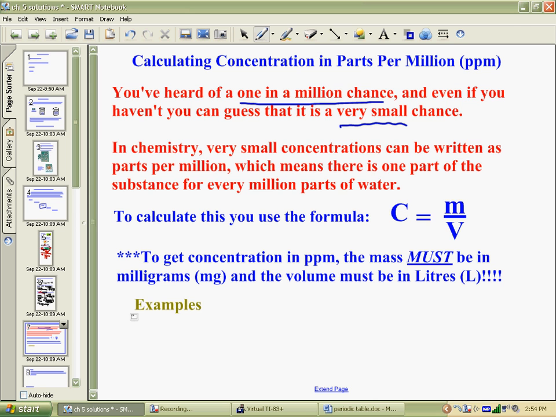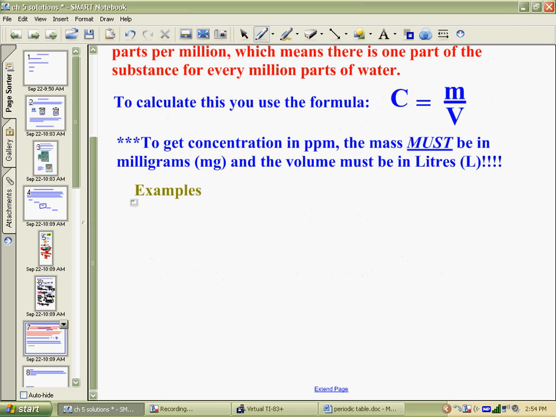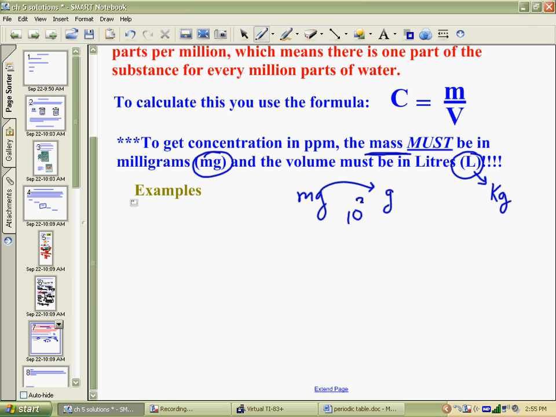One way to think about parts per million is to say that the mass is going to be in milligrams and the volume is going to be in liters. That comes from the fact that a kilogram of water is a liter, and a milligram is a million jumps away: from milligram to gram you've got 10 to the 3, or 1,000, and from gram to kilogram another 10 to the 3.